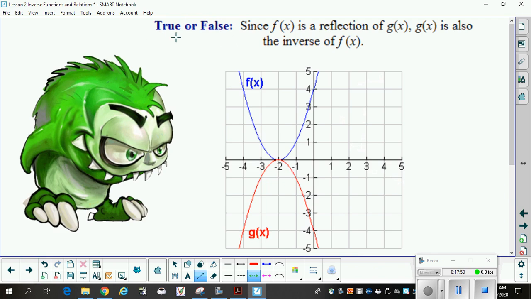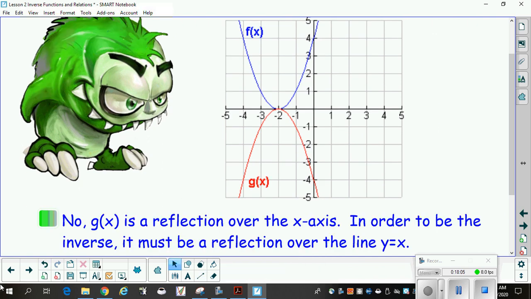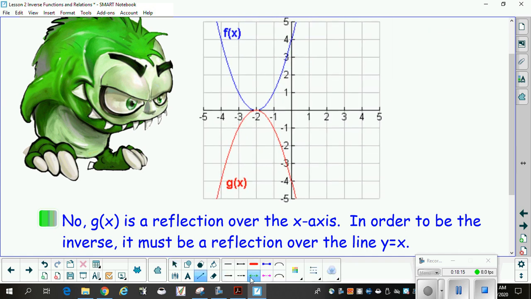True or false? Since f of x is a reflection of g of x, g of x is also the inverse of f of x. False. While it is a reflection, it's a reflection over the x-axis. It is not a reflection over this guy.